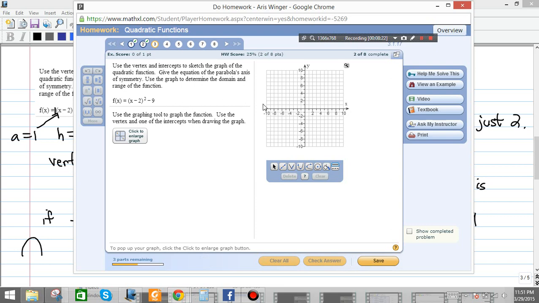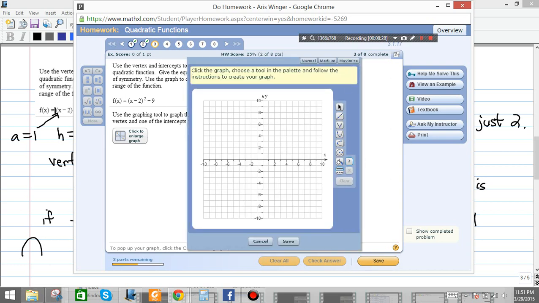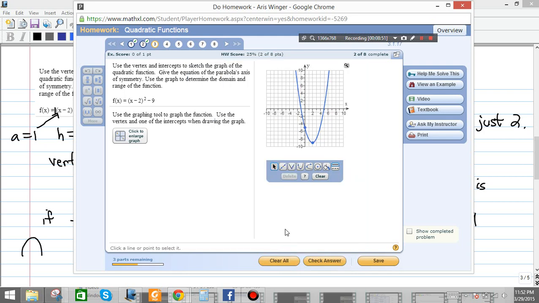Okay, so then here, I'm going to get this. It needs the vertex. We think it's (2, -9). It hits the y-axis at (0, -5). There, and that should be it.